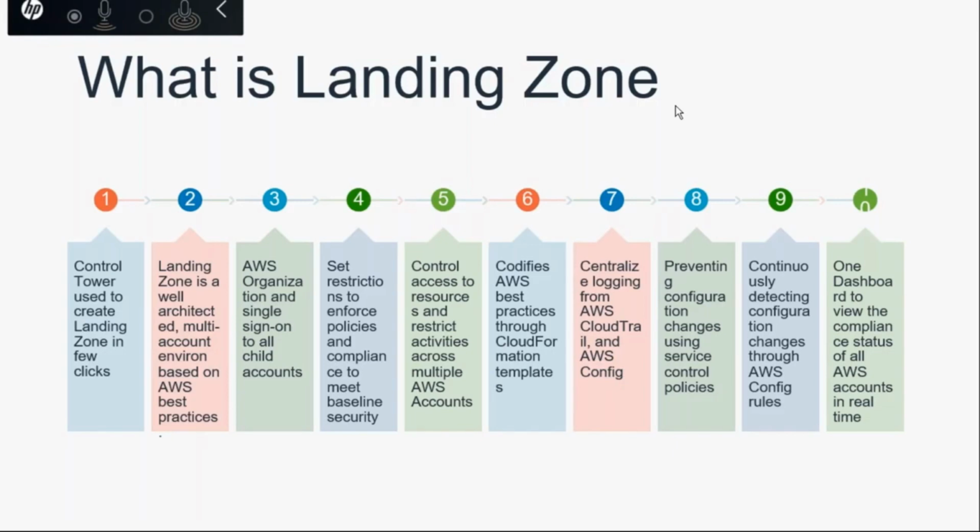The fourth one, it sets restrictions to enforce the policies. So Control Tower not only creates multiple accounts, in parallel it will create some rules and policies as well. Suppose I don't want my security group to contain any open port to the world.